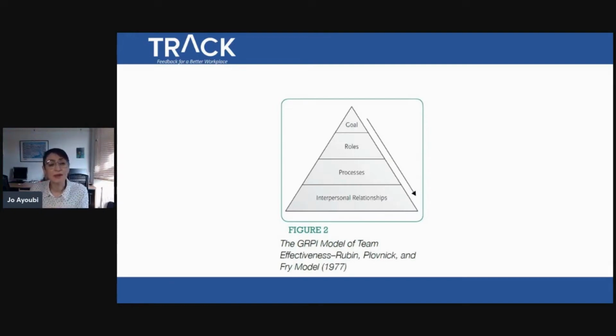And this model, like many, has a number of headings which then break down into more detailed statements for each of those headings. So you can see the focus here is on team goal and interpersonal relationships. And I'm picking those out because you will find that they are common themes around team effectiveness. Also processes, how the team actually operates.